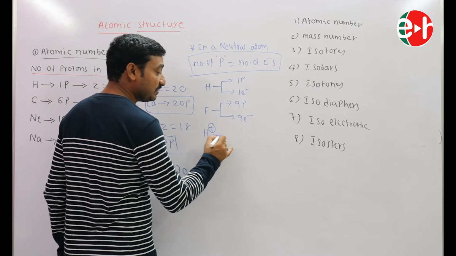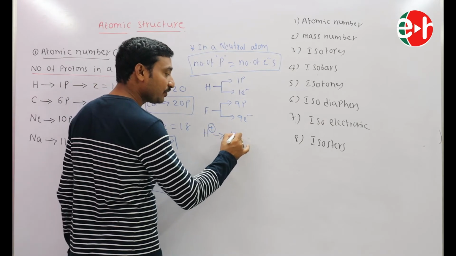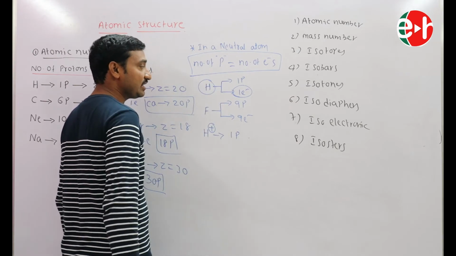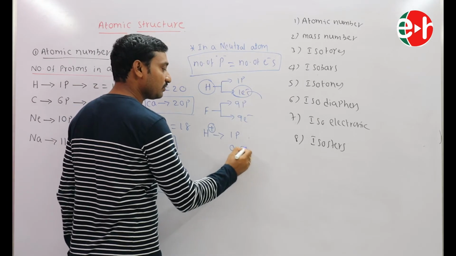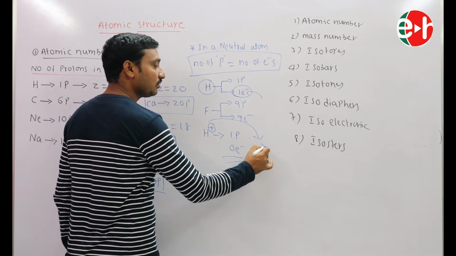H plus, that means it lost 1 electron. Then how many protons here? 1 proton. Hydrogen has 1 electron. H plus means it lost this 1 electron, then 0 electrons. That's why H plus is also called a proton.